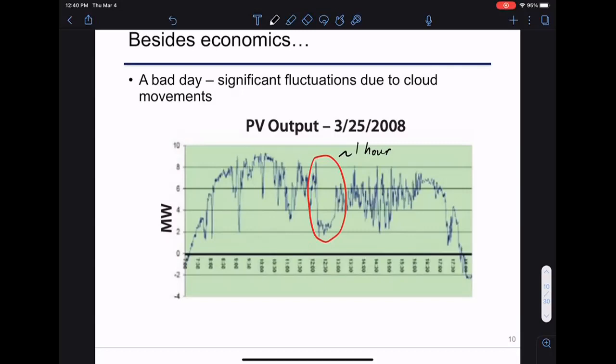If there's a longer term drop in output, that's also not too difficult to deal with if you can plan for it. If you can plan, let's say, for the solar cell not to produce power for an entire day, that's also okay. We can do something else.